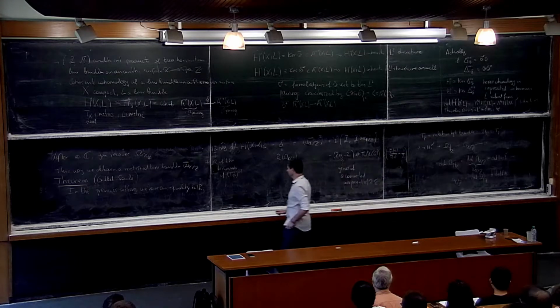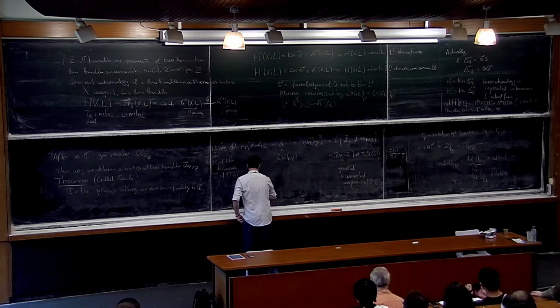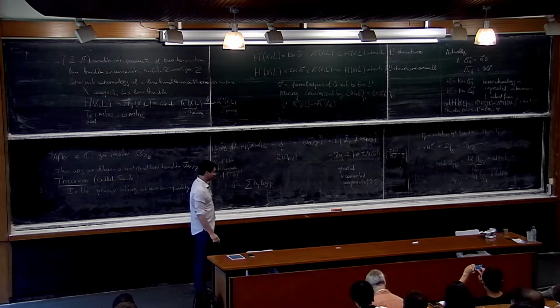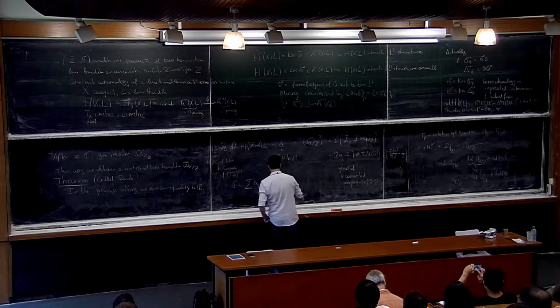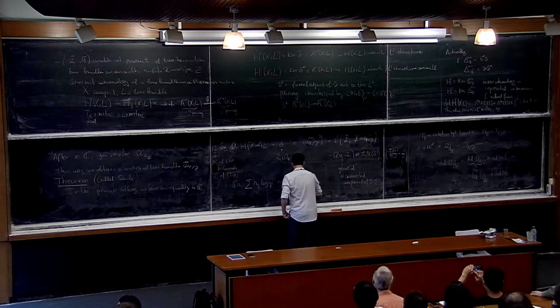And delta is an expression that suggests it's a finite intersection number, and it measures bad reduction.